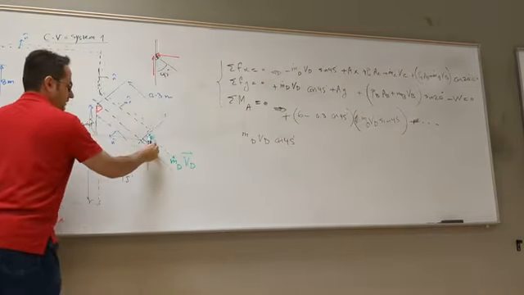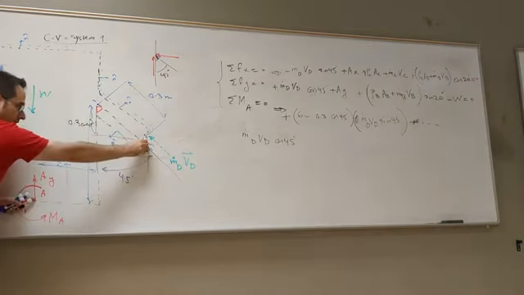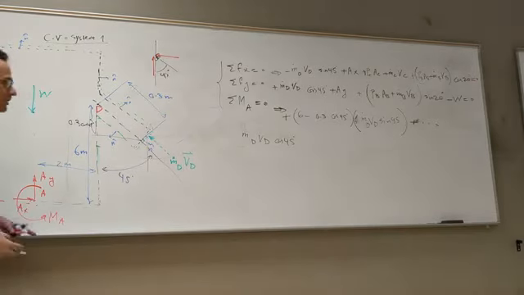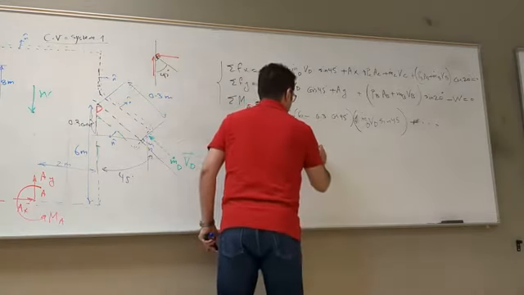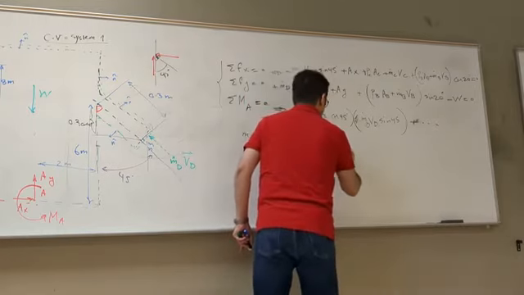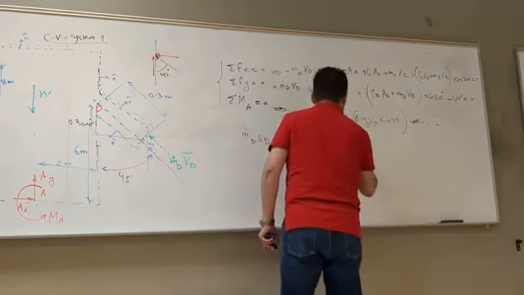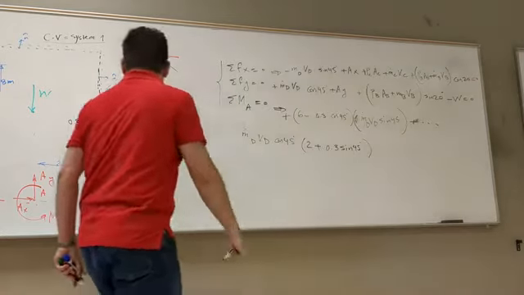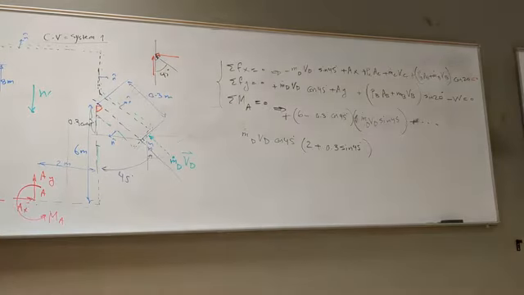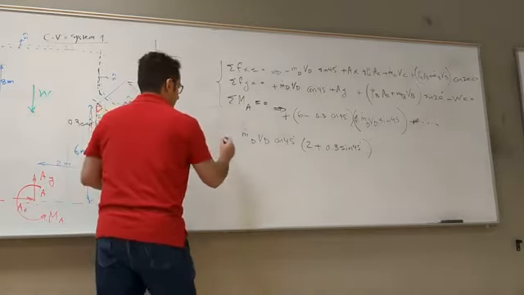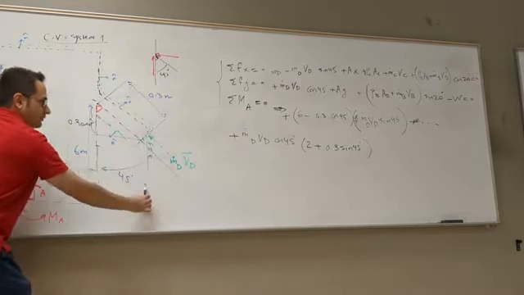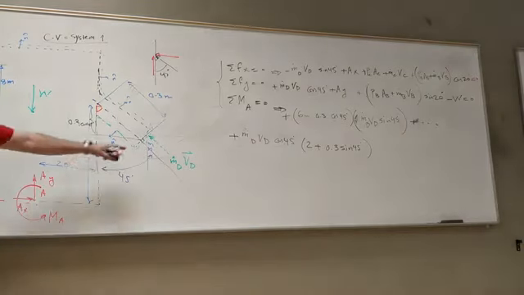I want to find the moment with respect to that, so I move it down. What's my moment arm? It would be 2 plus 0.3 sine of 45. Sine, thank you. Positive or negative? Positive, because the y component is going up. You just move it down, so that's done with this.